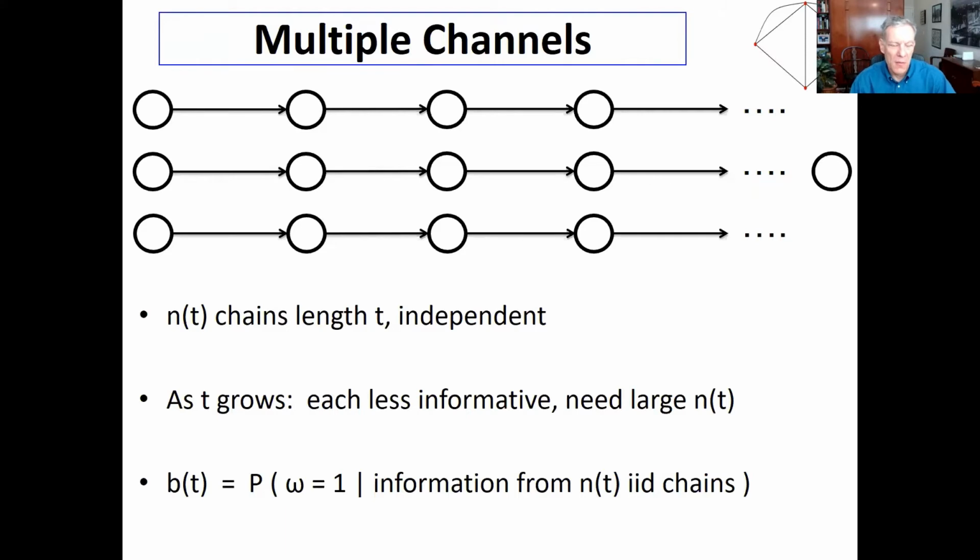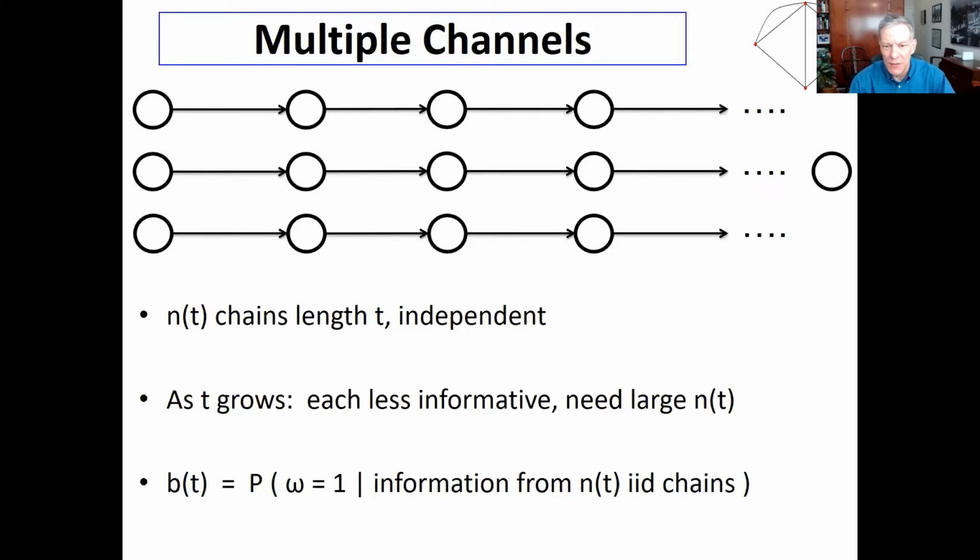Let's think of the receiver as seeing some number of different chains, and we'll consider chains of some length t, say 288, the median in that study. And then what's happening is as each t grows, each of these messages is going to be less and less informative. So by the time it gets to me, there's a good chance that it's mutated away from its original message or been dropped.